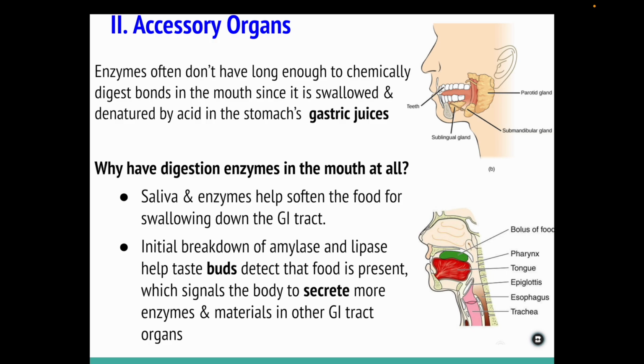So by releasing them, your taste buds realize what's going on. Your brain gets the signal, ooh, food's entering my body. Then your digestive system and later organs get signals from your nervous system and hormones saying, hey, we've got to start making enzymes, we've got to start making digestive materials.